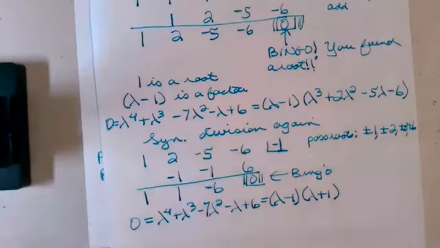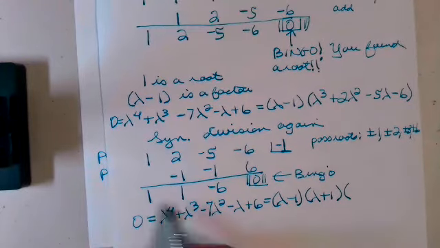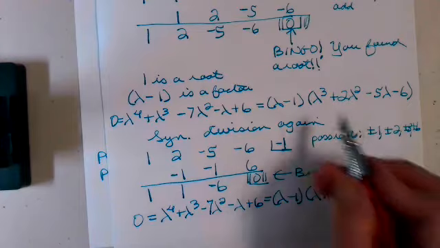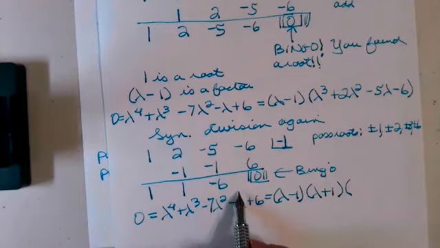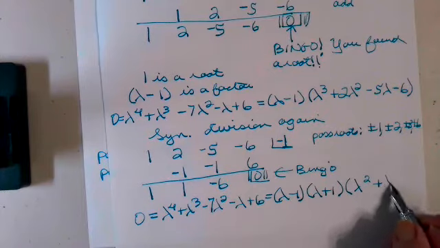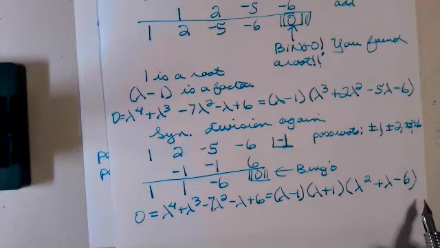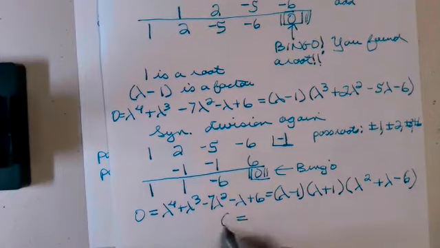Minus, you always do lambda minus the root. So minus and minus 1 is plus 1. And now what's the next term? It's given by these coefficients here. We started with a cubic, so what we get from here will be a quadratic. So this will be lambda squared plus lambda minus 6. And now that's a quadratic and an easily factorable one. So just factor it from here on.